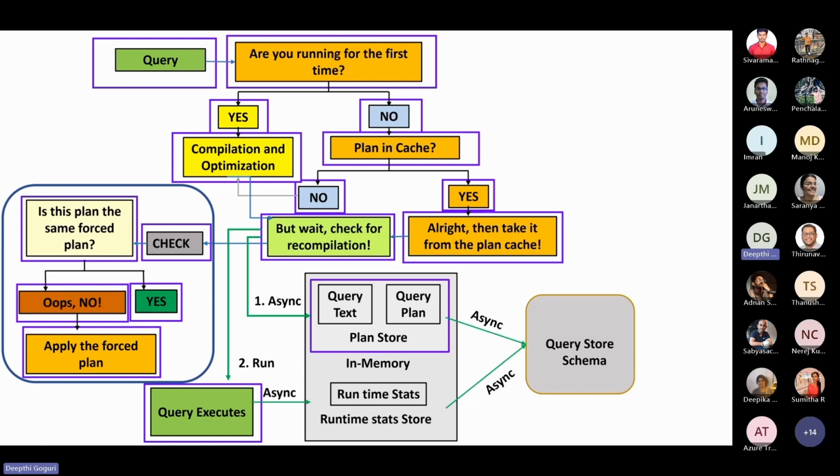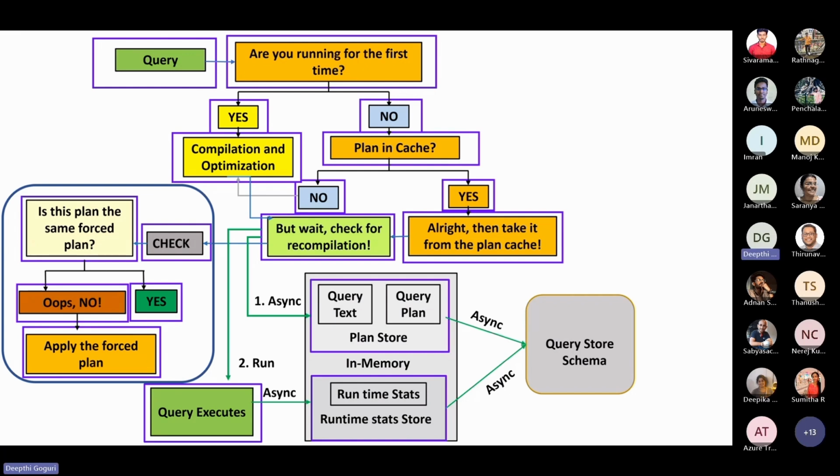The query has to execute to capture the runtime stats. There is no other way; it can't capture them before the execution. So the query has to execute, and the runtime stats that are collected are put into the runtime stats store. Again, this is in memory, and these two memory areas are only enabled when you enable the query store.